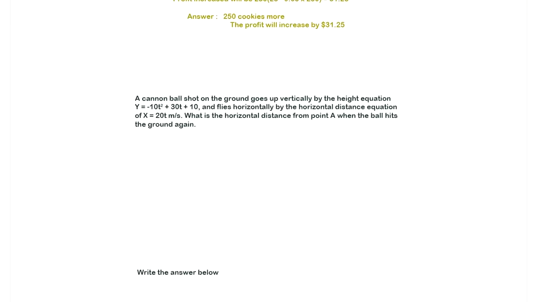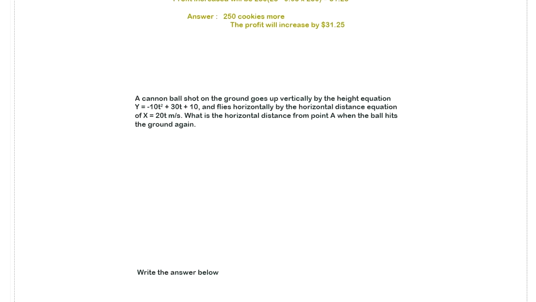A cannonball shot at the ground goes up vertically by the height equation, this quadratic formula, and flies horizontally by the horizontal distance equation of this. What is the horizontal distance from point A when the ball hits the ground again?